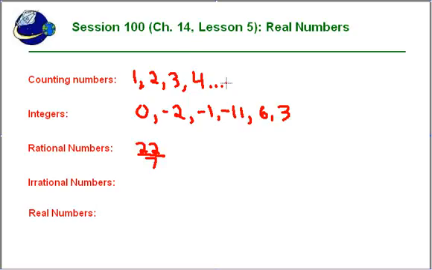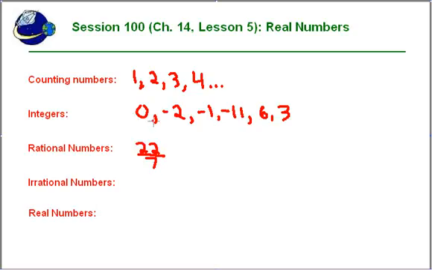What about division? What about 1 and 3? If we went 1 divided by 3, 1 and 3 are both counting numbers. Is our answer a counting number? No, our answer would be 0.333, which is not a counting number. So counting numbers are not closed with respect to division.